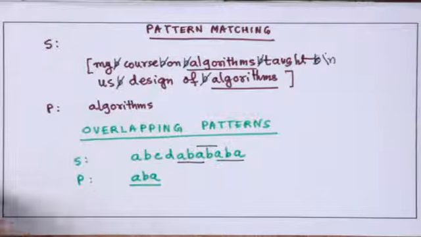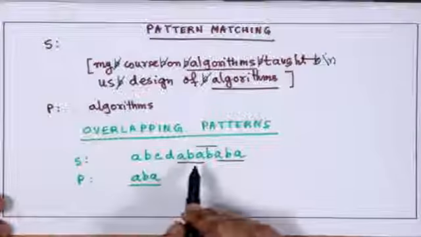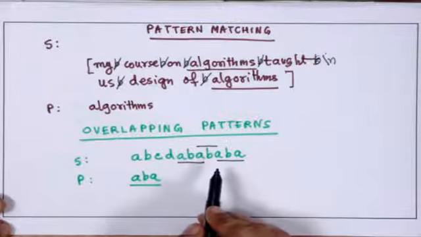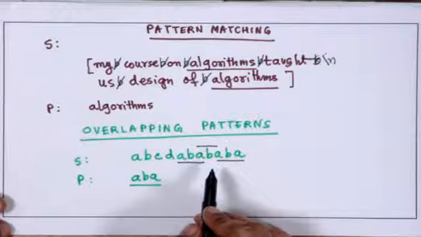So, when you define the problem, you must be very clear whether you are looking at the pattern matching problem with overlapping strings or without overlapping strings, because the solution with overlapping will be 3, whereas the solution without overlapping allowed would be 2.